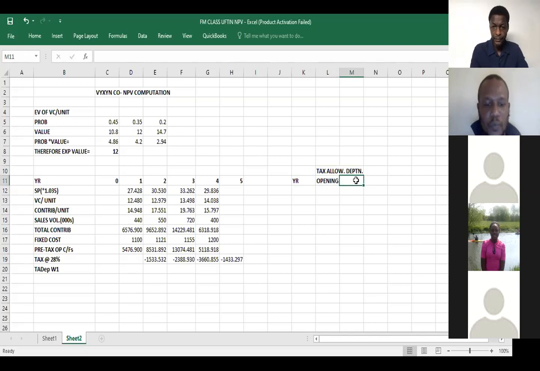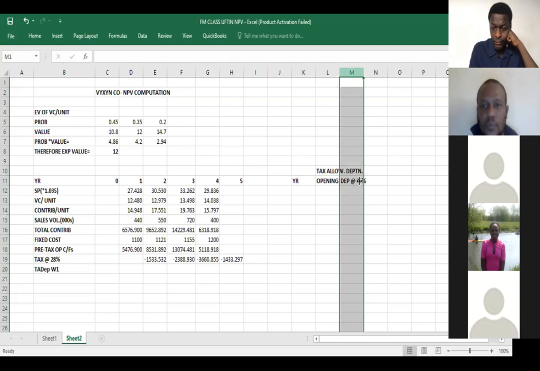Our depreciation rate was 25%. Then our closing.